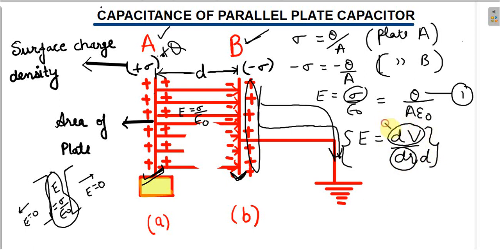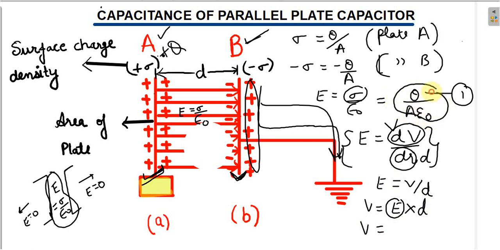So you can write E is equal to V by d. And from this formula you can rearrange it and you will get V is equal to E into d. So what is the formula for electric field? Your electric field E is this one, Q by A epsilon naught, and this is your d.